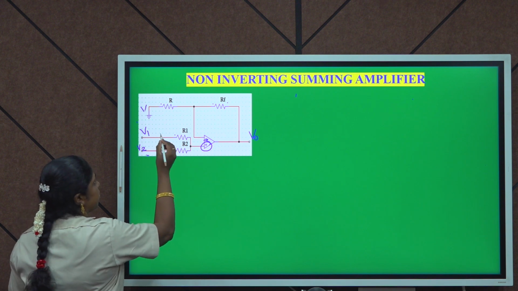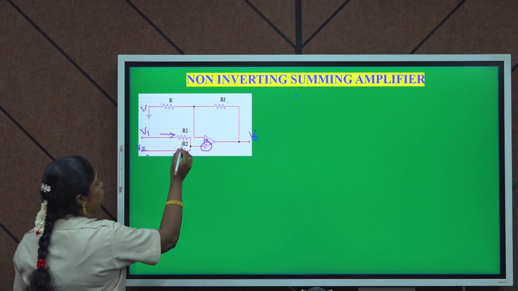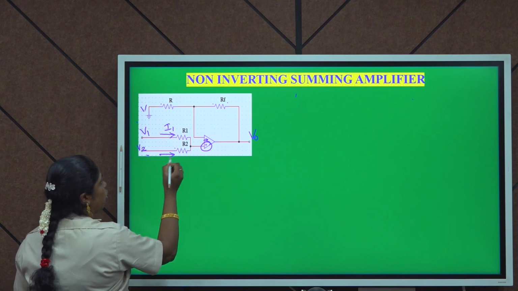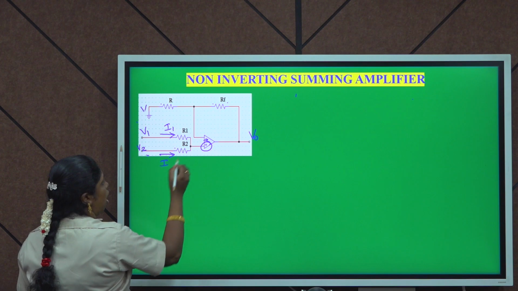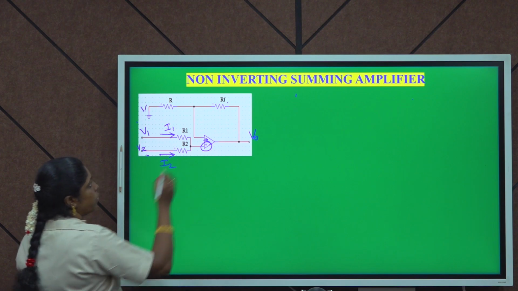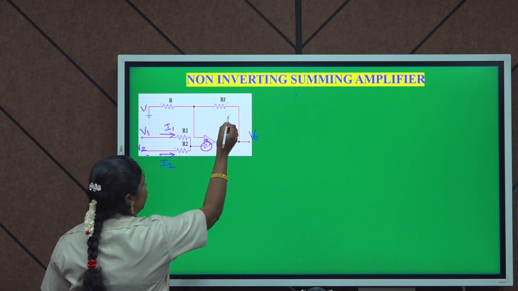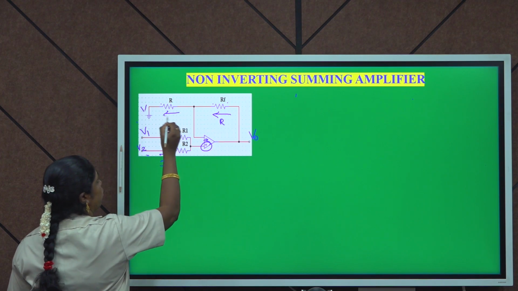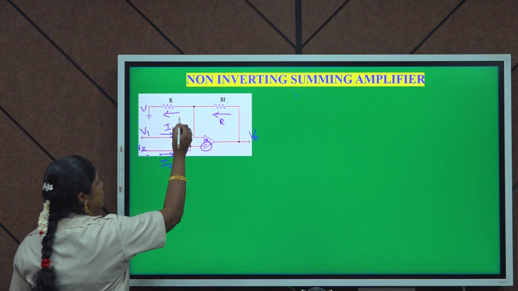We consider the current flowing through the resistor R1 as I1 and the current flowing through the resistor R2 as I2.